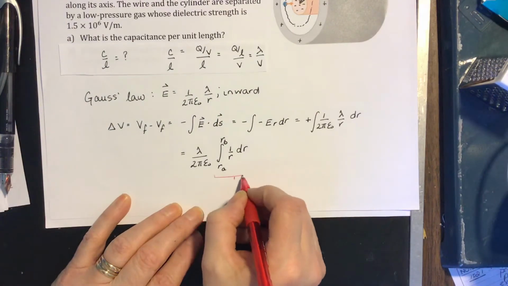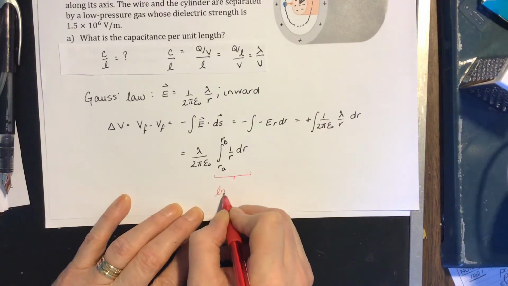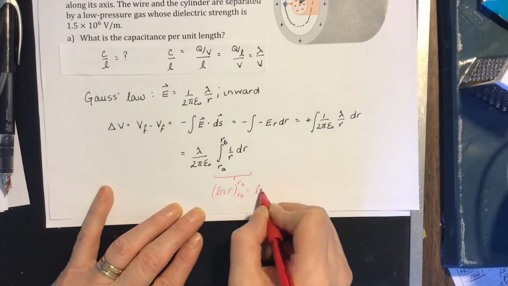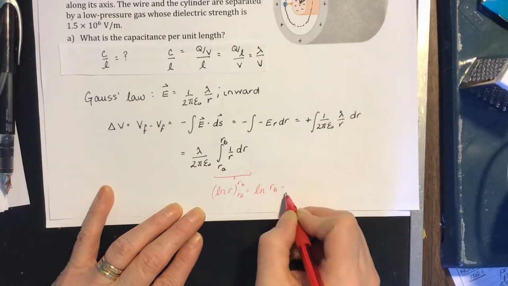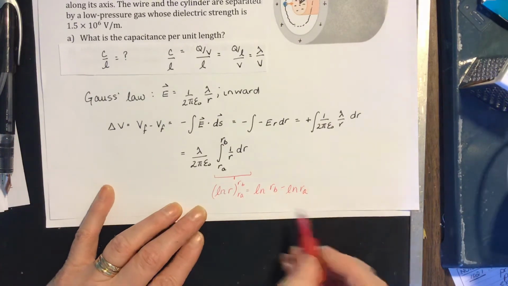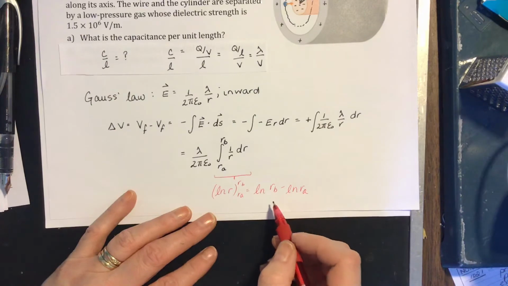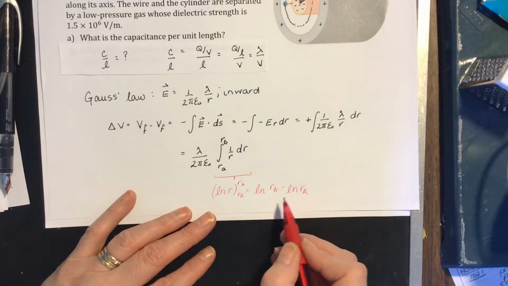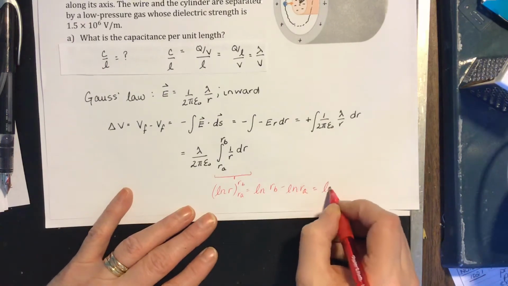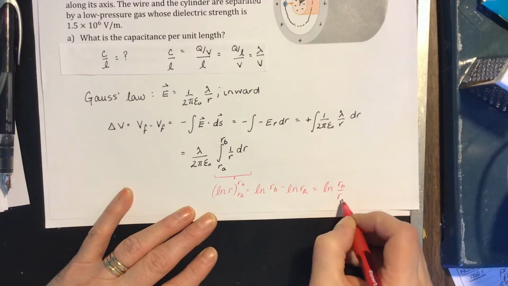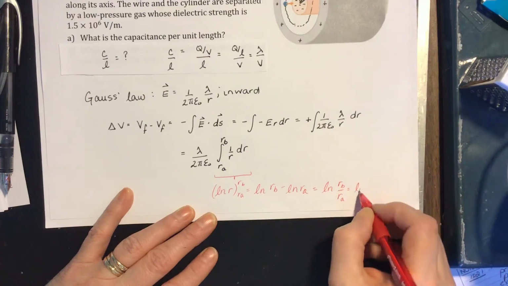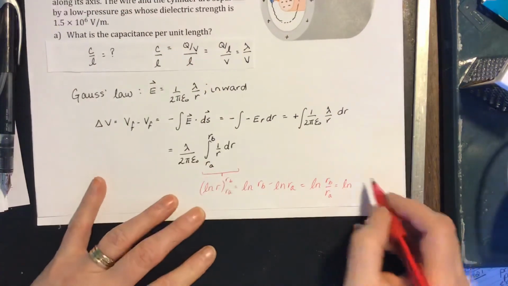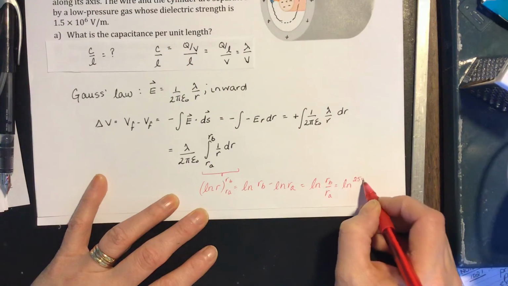The integral of 1 over r is the natural log of r, evaluated at our limits. So natural log of r_B, take away the natural log of r_A. We can use the identity of logs that says natural log of A minus natural log of B is the natural log of A divided by B. Now for the radius of B, the diameter is 25 millimeters, so the radius is going to be 25 millimeters over 2.